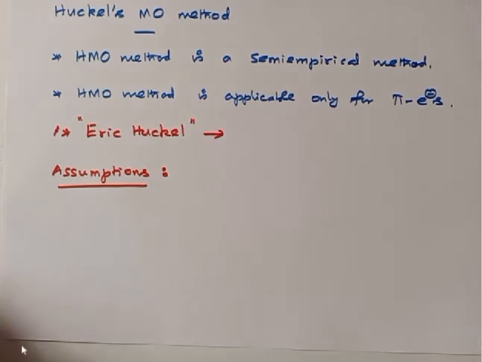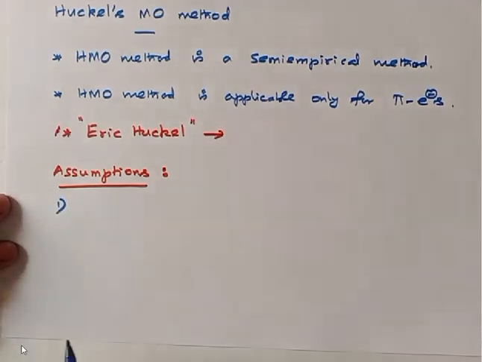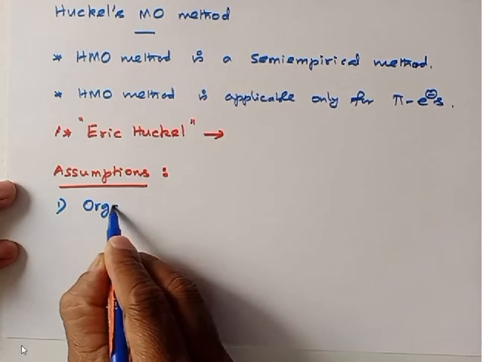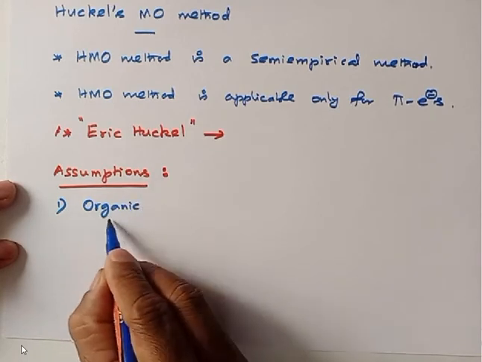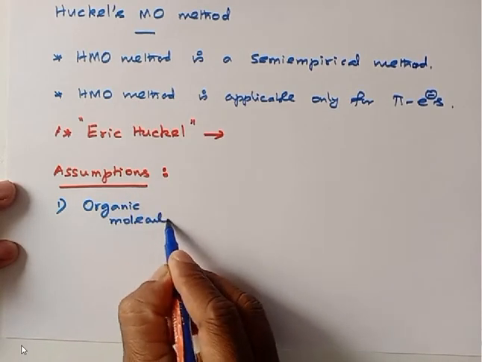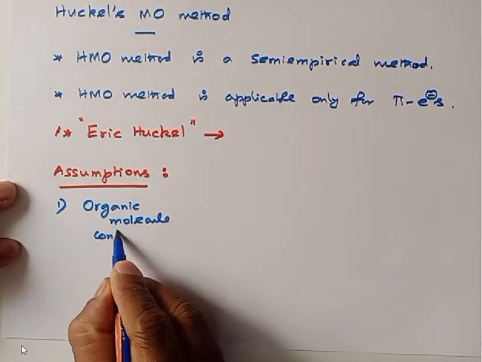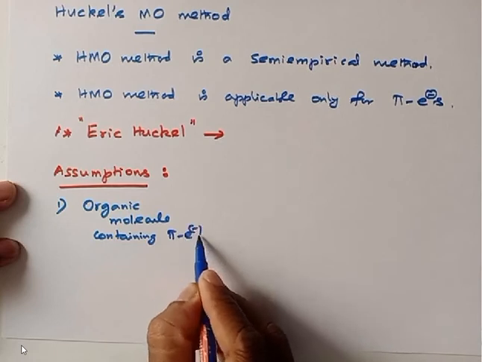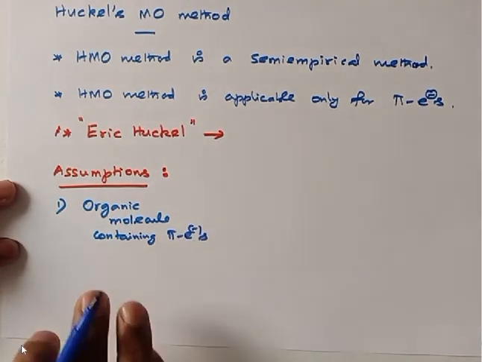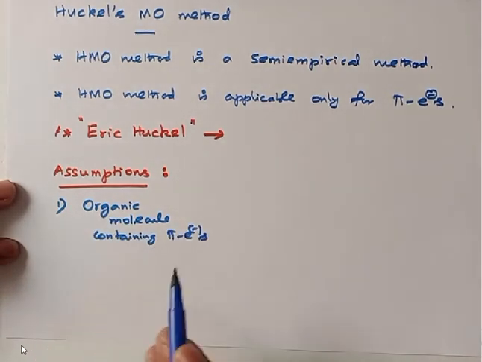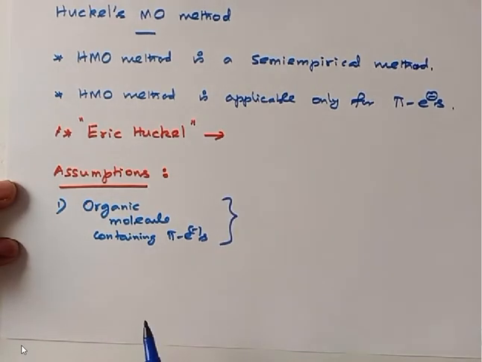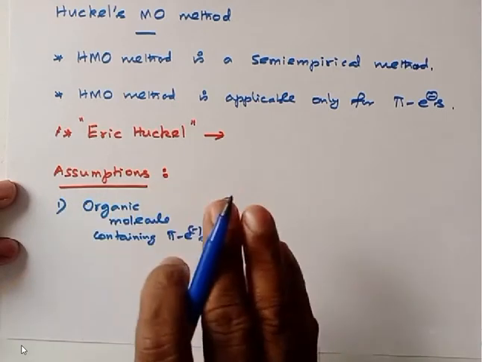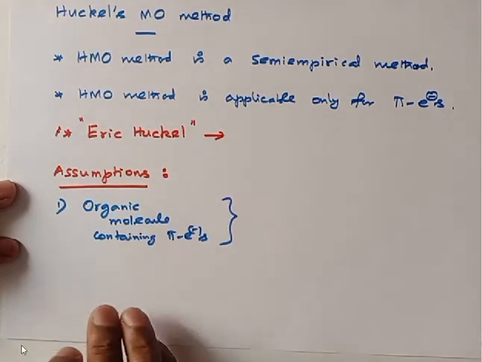The first assumption is this: suppose you take an organic molecule containing pi electrons. We know very well that pi electrons are delocalized, whereas sigma electrons are localized.